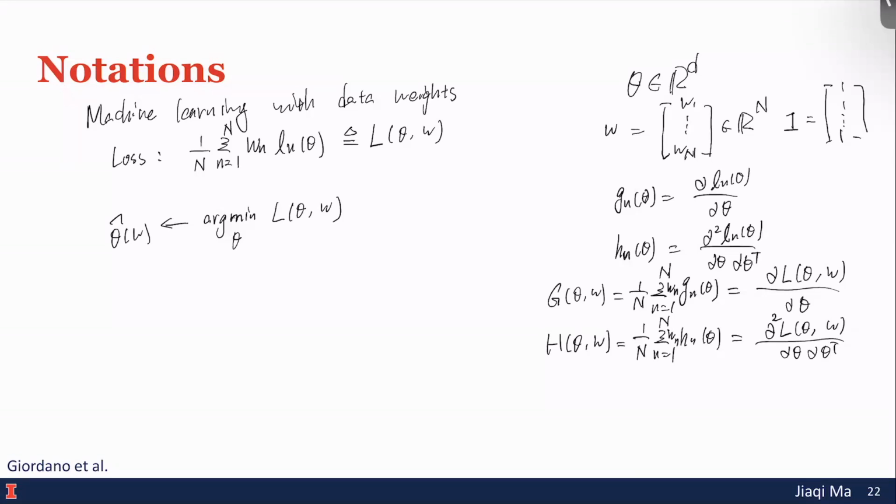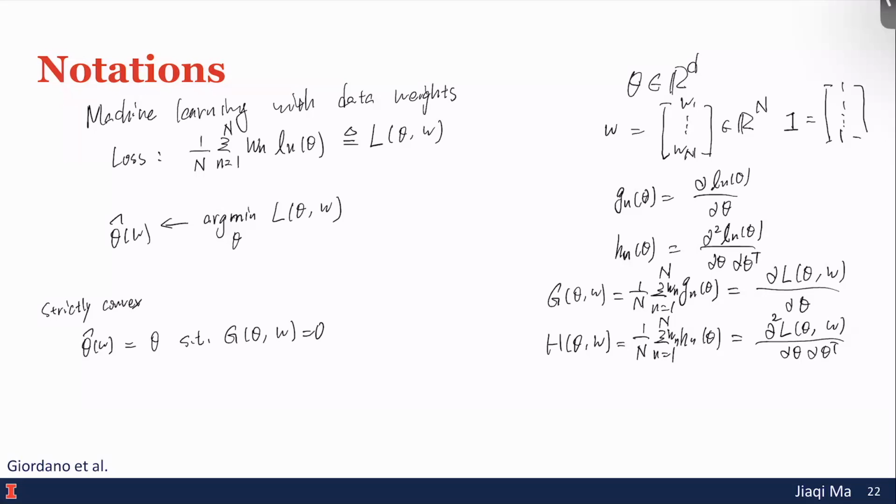What we're going to see is that the original derivation of influence function is restricted to a strictly convex model. For a strictly convex model, we can write theta hat(w) as the theta such that G(theta, w) equals 0.